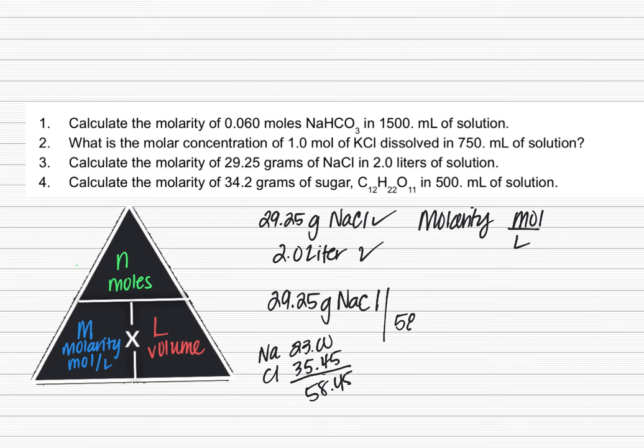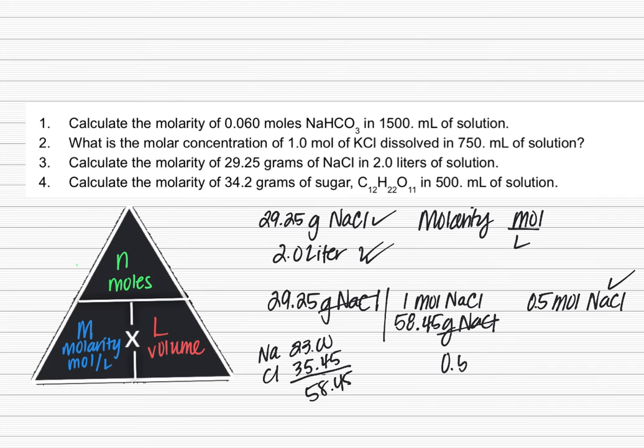So in 1 mole of sodium chloride, we have 58.45 grams of sodium chloride. These units would cancel out. We would multiply these across the top and then divide by 58.45, and we would be left with 0.5 moles of sodium chloride. So now we have our moles and we have our liters, and we're just going to divide.